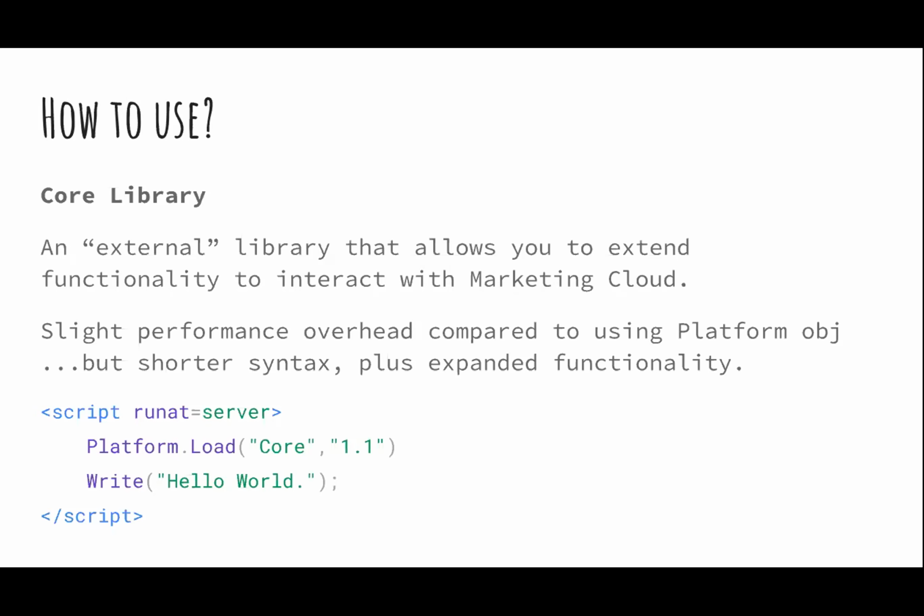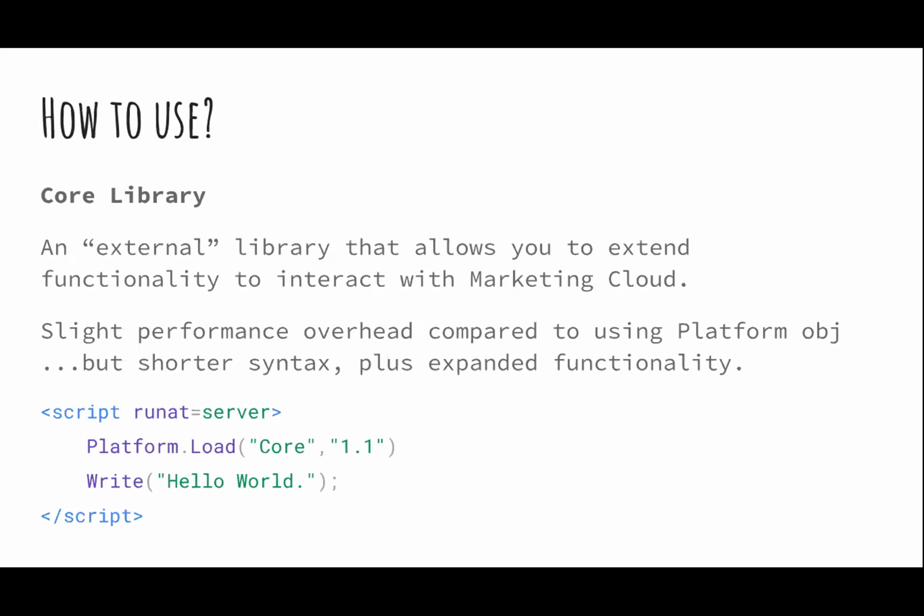There's a slight performance overhead compared to using platform objects, but it's the shortest syntax. There are benefits to it to some degree, for this shorter syntax and expanded functionality, as I mentioned. There's a little bit of overlap between the core library and the platform library. Things like data extensions, you can interact with using either.